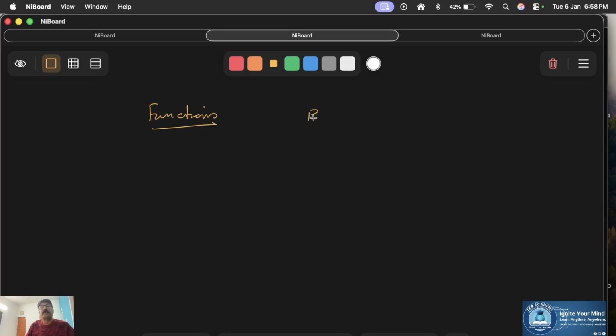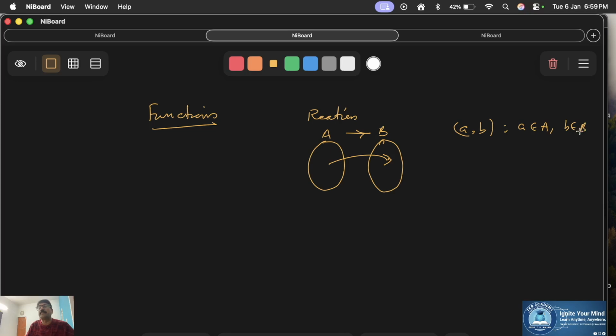Already we are familiar with the relation from a set A to another set B. If A is a set and B is another set, then we can define a relation from A to B by taking some of the ordered pairs (a, b), where a is from A and b is from B. Such a collection is a relation from A to B. In short, a relation from A to B is a subset of A cross B, the Cartesian product of the two sets.